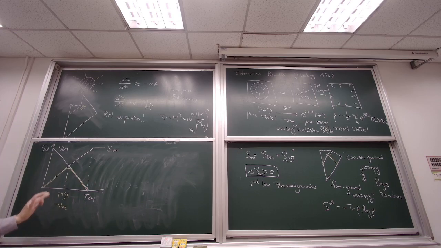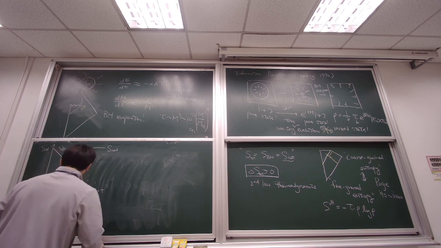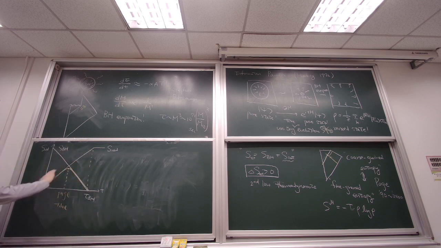But if you consider fine-grained entropy, the total system should obey this yellow curve. Therefore, there's something wrong with the Hawking calculation at the later stage of the black hole. That's what Page proposed in the 90s, as far as I remember. I will cite his paper later.